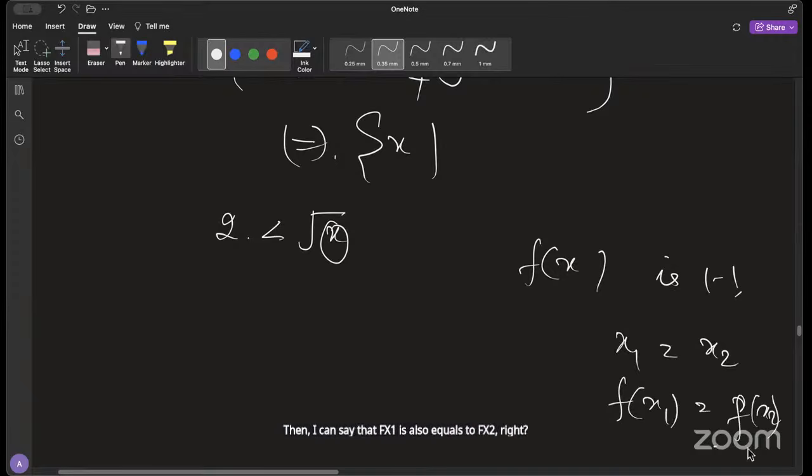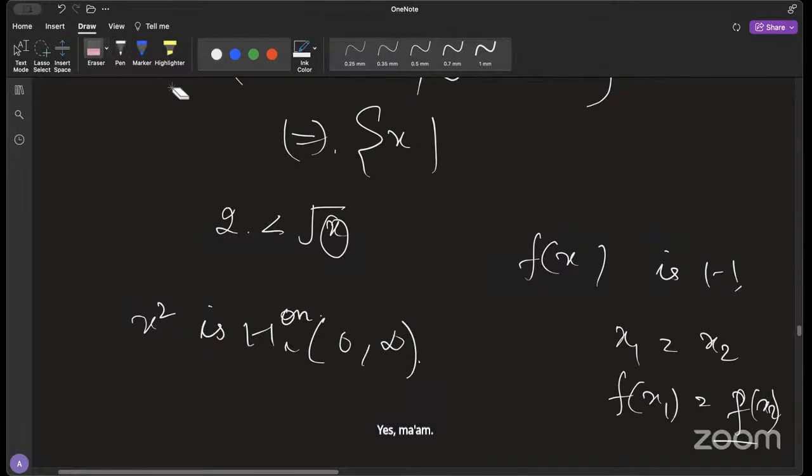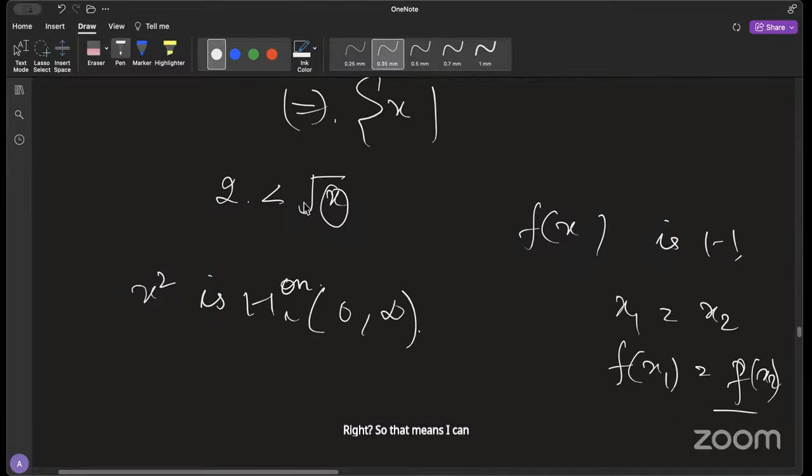So we're doing the same thing here. Can I say x square is one-one from 0 to infinity? Yes, ma'am. So that means I can square both of these sides, because both of these numbers are positive.